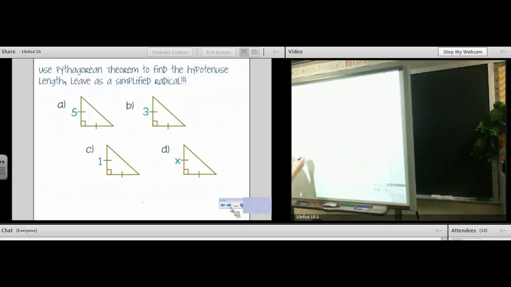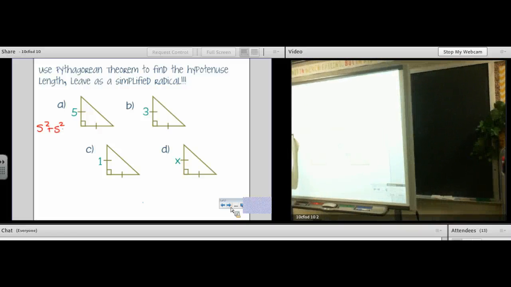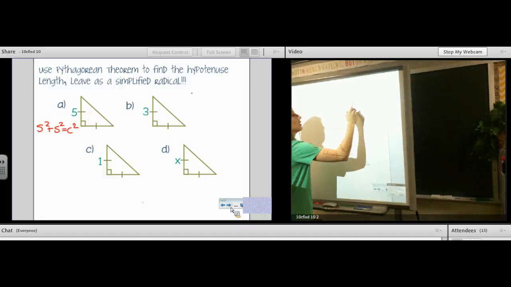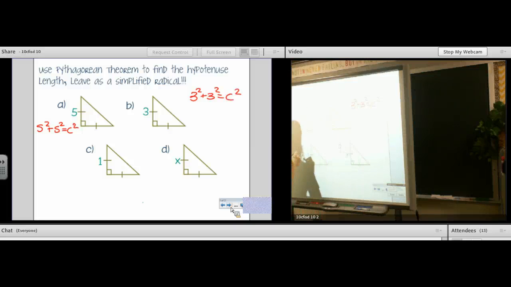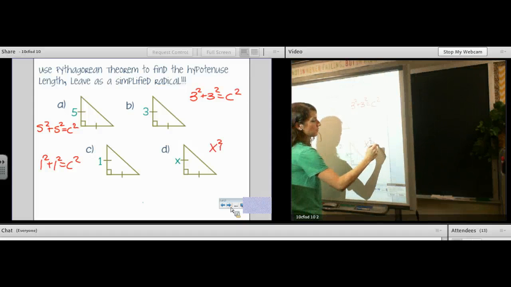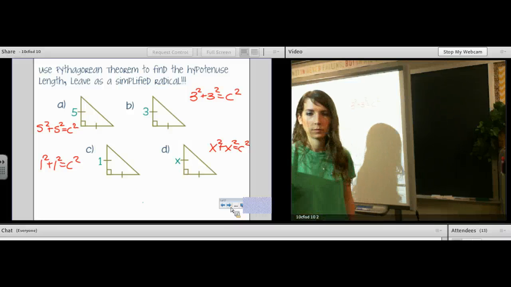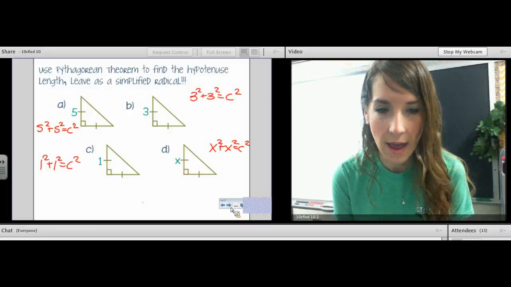You're finding the hypotenuse. So if you're doing A, this is what you're doing: A squared plus B squared equals C squared, and you're solving for C. George, okay.